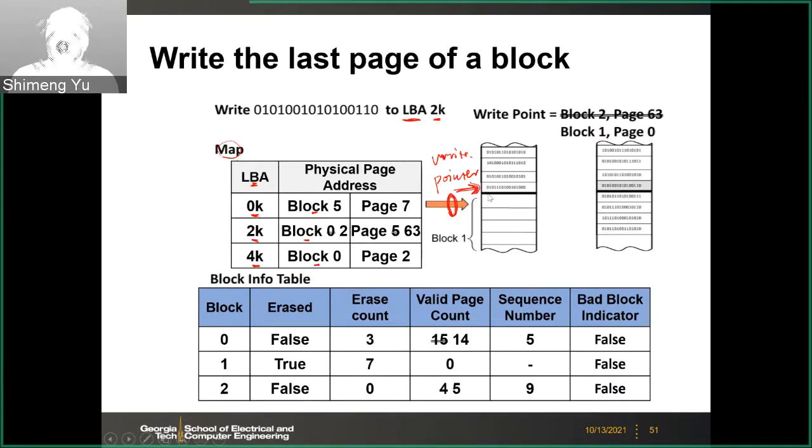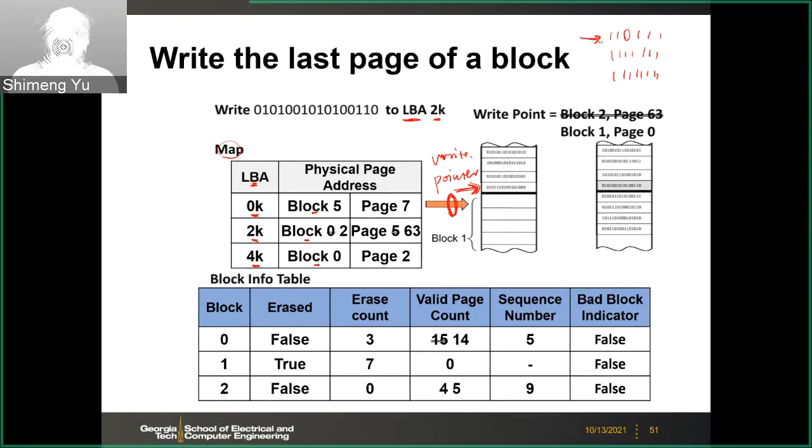So here, the erase, as we discussed before, will erase the whole block. So if the whole block is erased, that means it will be all ones. And then if you have a write pointer here, what we are going to do is to flip some of the ones to 0 by programming, right?